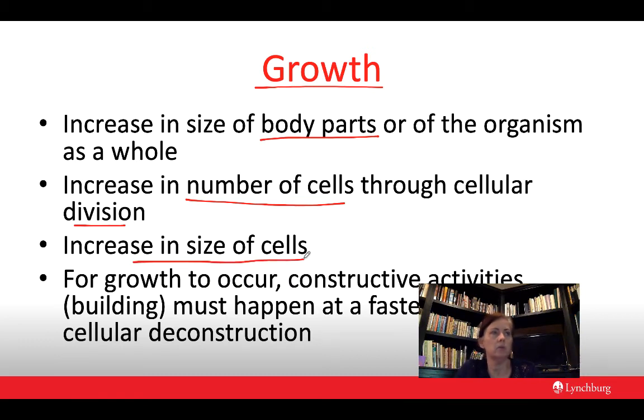Let's say you decide you're going to take up weightlifting as your hobby, and you're hitting the gym pretty hard, and you pack on 20 pounds of muscle. So all of those skeletal muscle cells, we actually don't create new muscle cells when that happens, but what happens is the cells that we have get bigger. So we end up increasing the size of cells, and that's an example of growth.